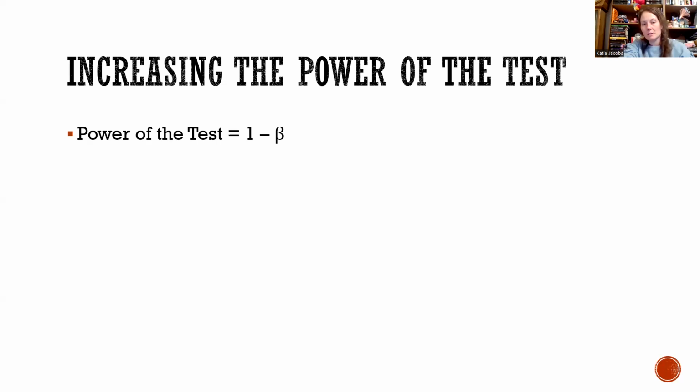So we can increase the power of our test, and that is 1 minus beta. If you remember, beta is the probability of making a type 2 error, which is where we don't reject our null because of what we see with our sample, but if we had the overall population, we should have rejected it. So the power of the test is 1 minus beta.